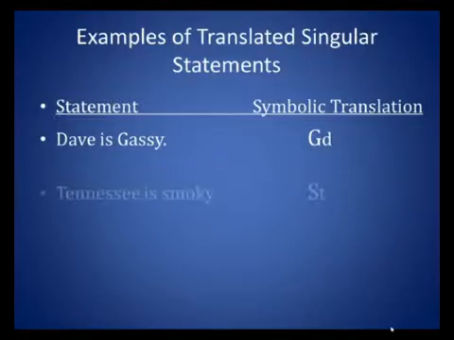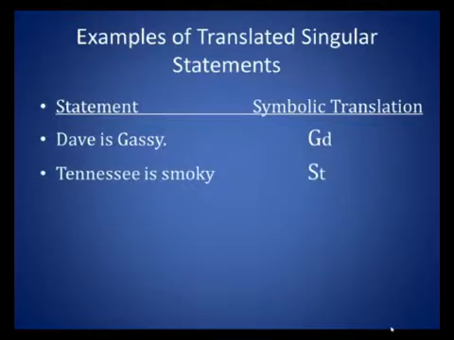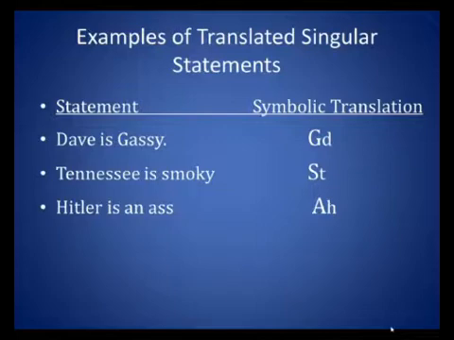So let's look at a few more. Tennessee is smoky. I have a capital S for smoky and a lowercase t for Tennessee. Hitler is an ass. Uppercase A for ass, lowercase h for Hitler. So again, notice that the predicate is the uppercase letter on the left and the subject, of course, is the lowercase letter on the right.